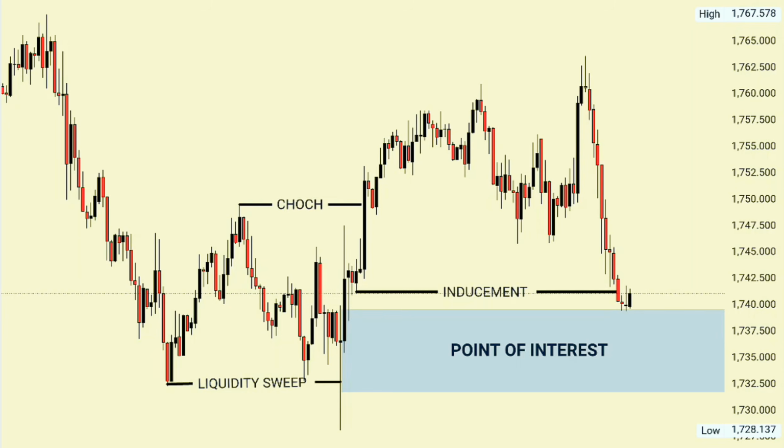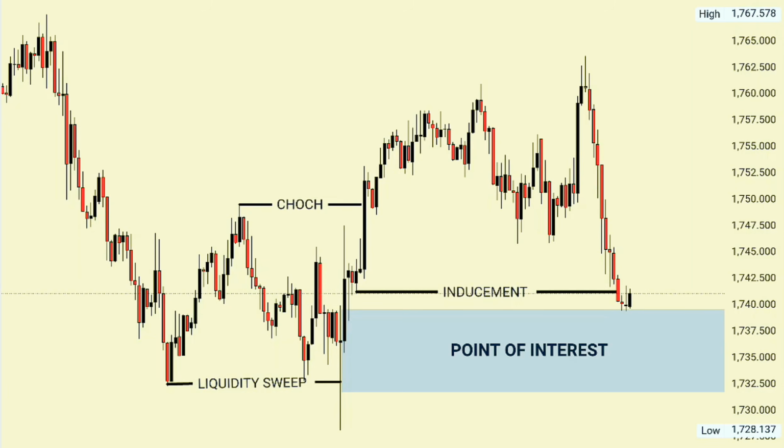However, this pullback is not a true reversal. It is a calculated move designed to attract sellers and place their stop-loss orders just below the recent lows. Once this inducement is formed, the market has sufficient liquidity to continue higher. Notice how price quickly reverses from this area and moves toward the point of interest, followed by strong bullish expansion.